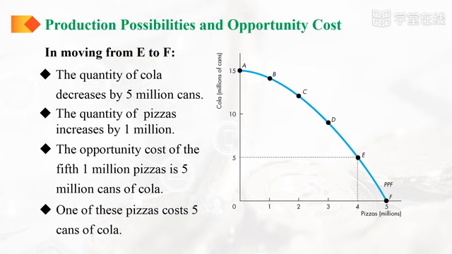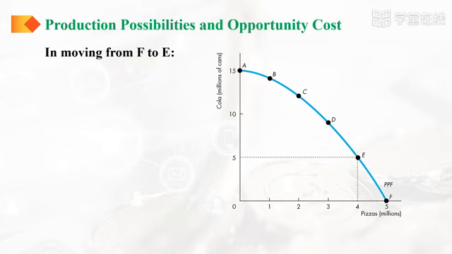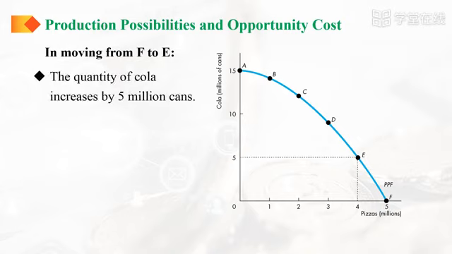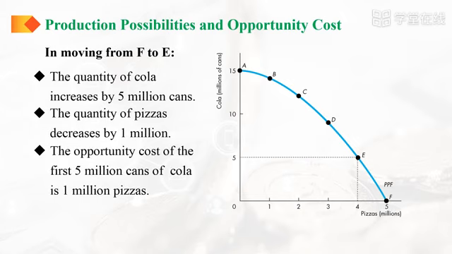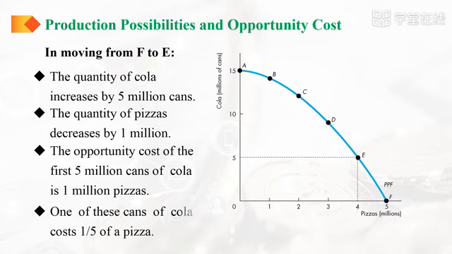One of these cans of cola costs 1/5 of a pizza. Opportunity cost is a ratio. It is the decrease in the quantity produced of one good divided by the increase in the quantity produced of another good as we move along the production possibilities frontier.